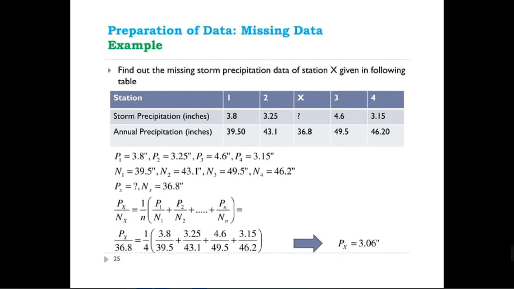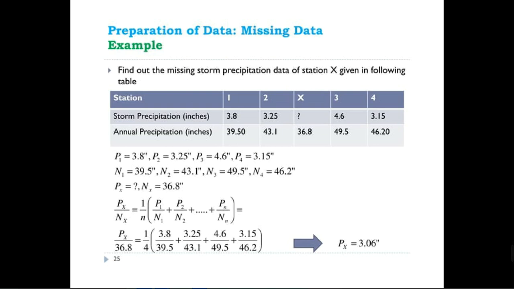Then another question. Find out the missing storm precipitation data of station X given in the following table.